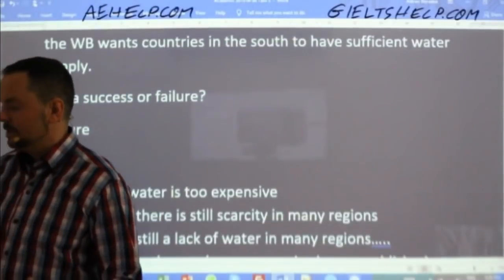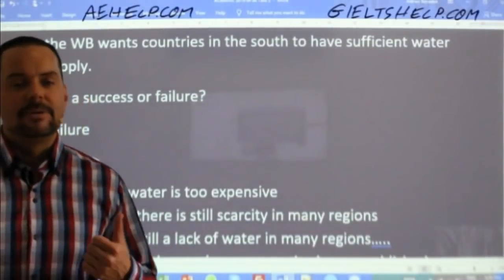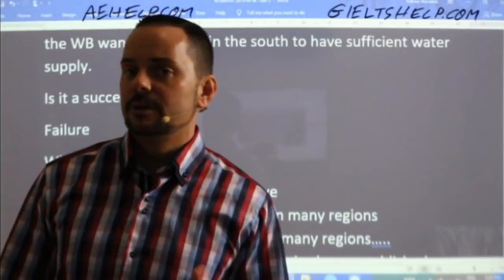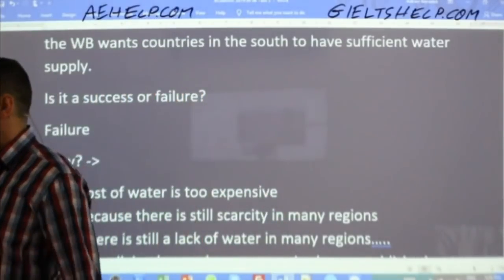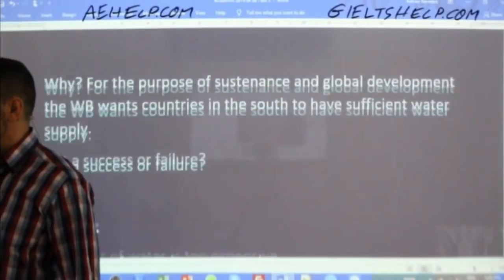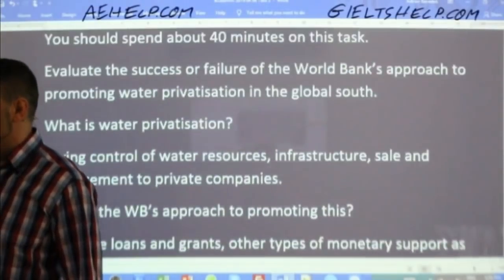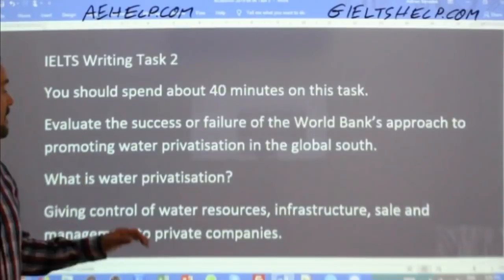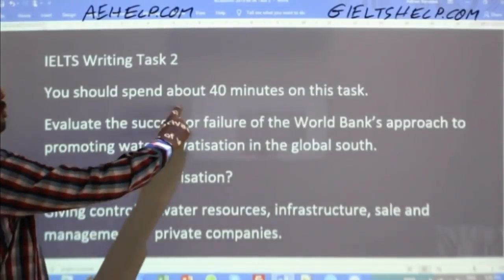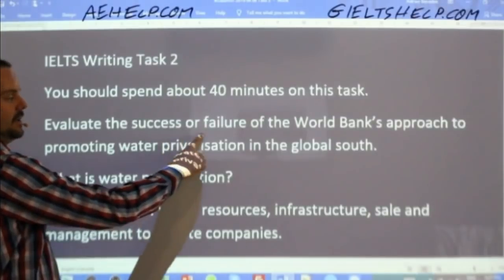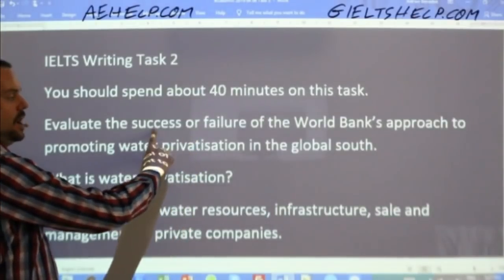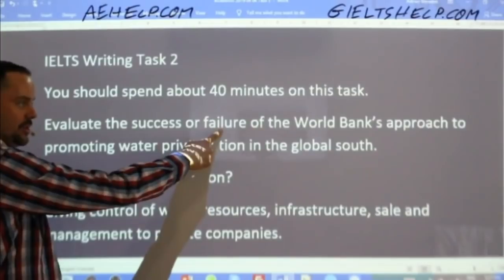Reason number 1, water is still not available in many countries in the South. Reason number 2 is that it's really expensive. Remember the question, Rahul, okay? Evaluate the success or failure, not and failure, okay? It's one or the other.